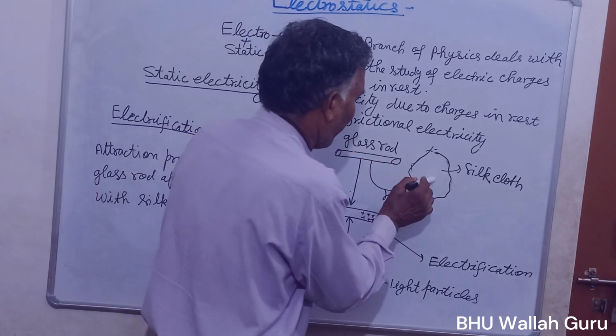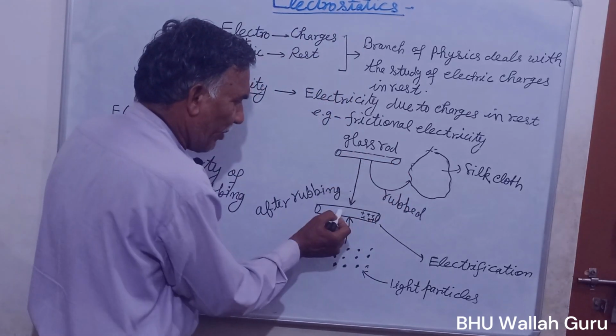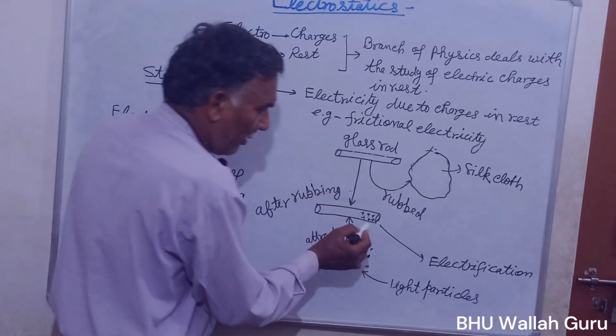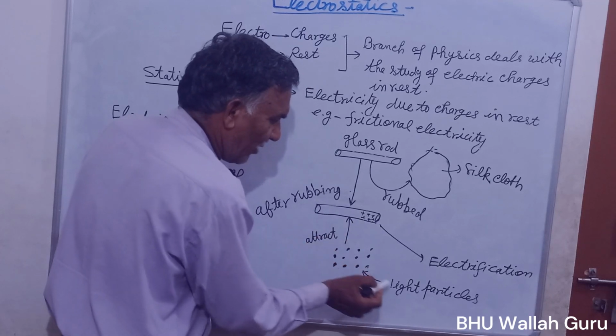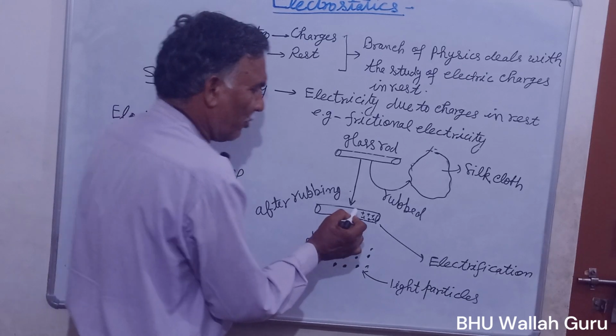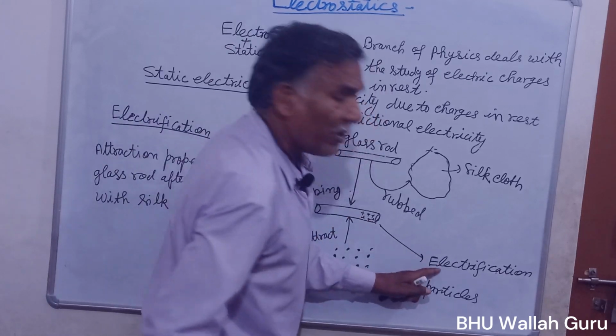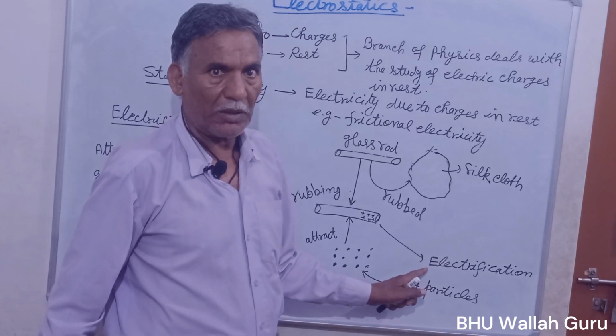Before rubbing, there was no attraction. After rubbing, the glass rod acquires the tendency to attract light particles towards itself. Such a phenomenon is called electrification.